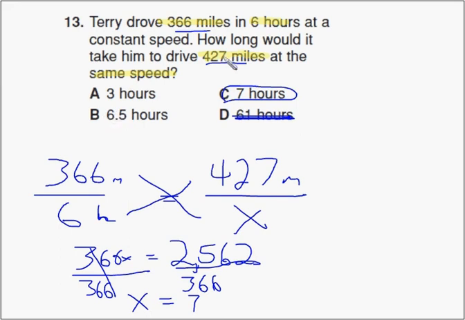So it's not going to take just a half hour to go these additional miles. It's going to eliminate that one. And it's certainly not going to be less. 3 hours is less. So it does make sense if you look through 366 to 6 hours, 427 miles, 7 hours. So let's move on.